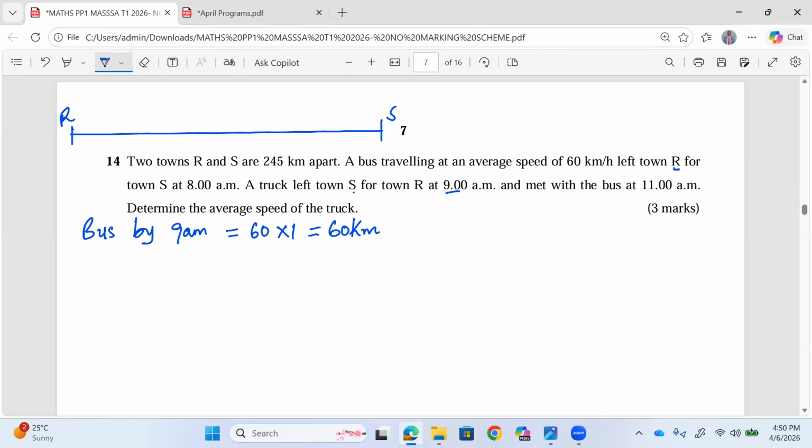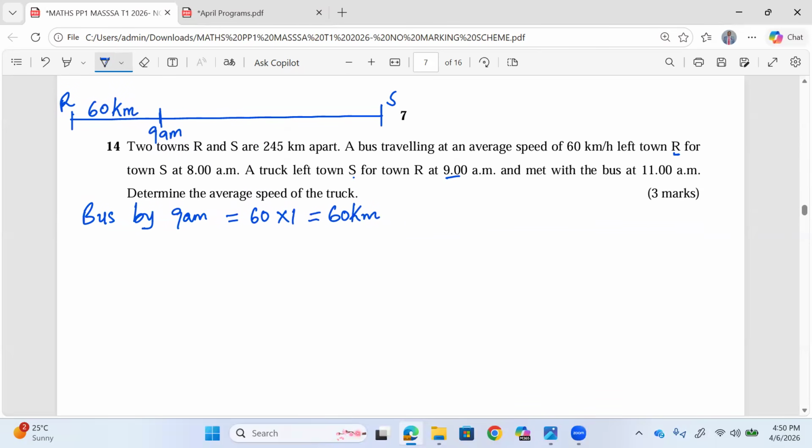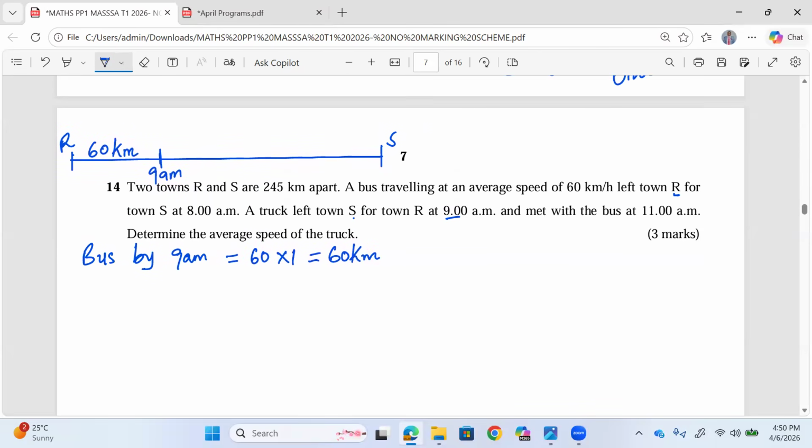So by 9 a.m., when the truck is starting, the bus has already covered 60 kilometers. It didn't stop anywhere, that's our assumption. Meaning that now there is a remaining distance. By 9 a.m., when the truck is starting its motion, the distance between the two vehicles is 245 minus 60. The distance is 185 now.